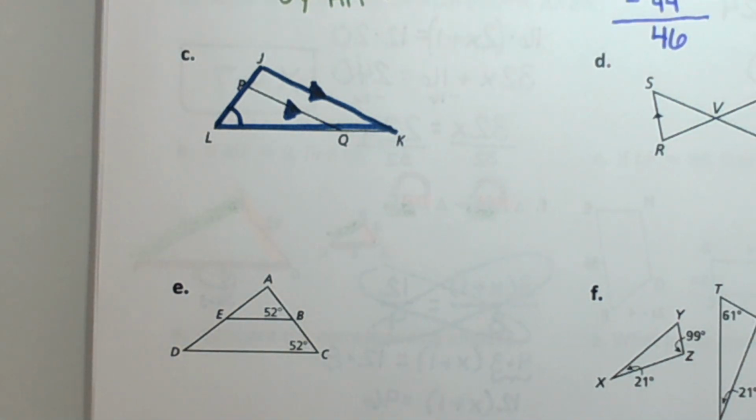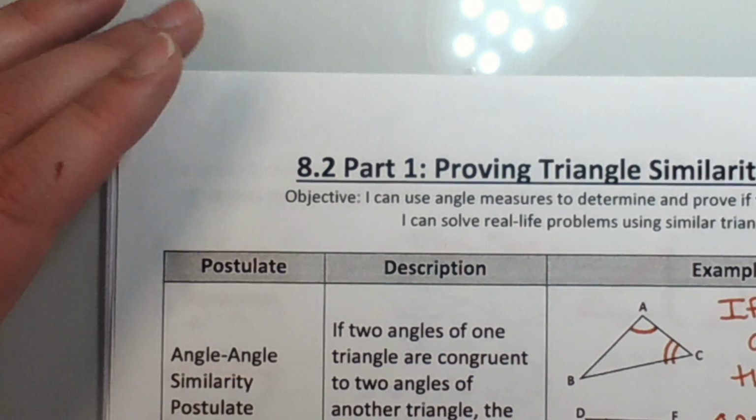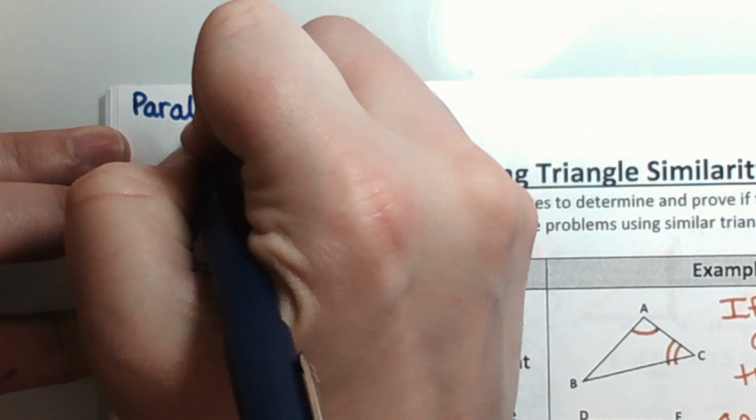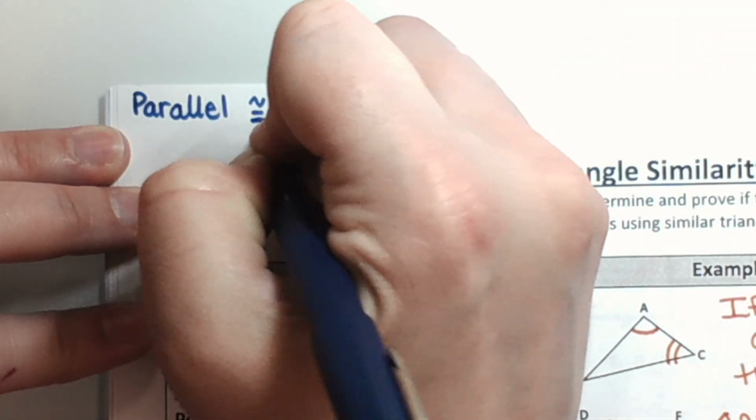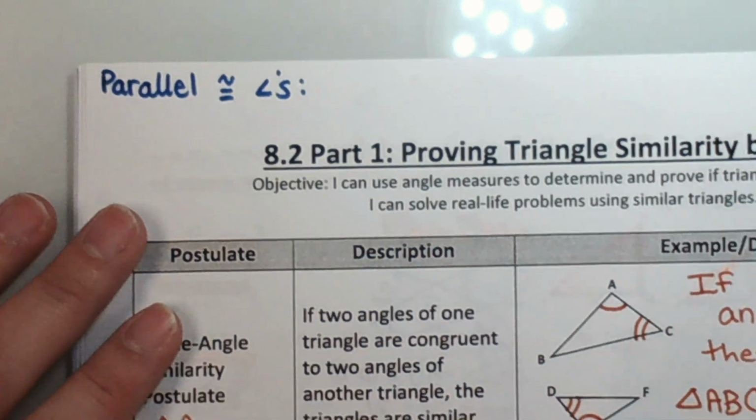When I have parallel lines, I can have congruent angles, provided they are either alternate interior, alternate exterior, or corresponding angles. So, I'm going to go to the top of my sheet real quick. Parallel congruent angles.